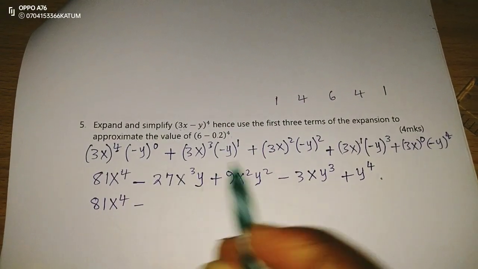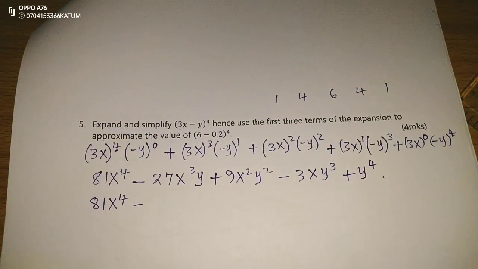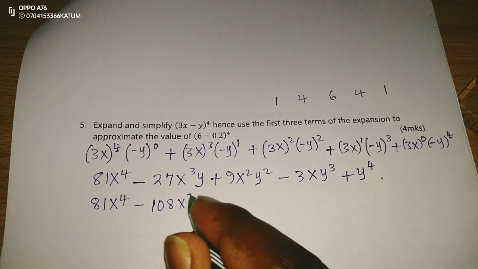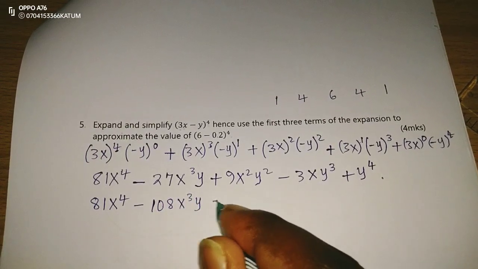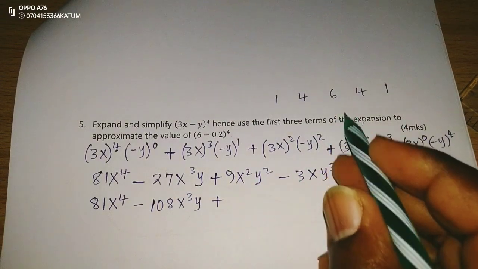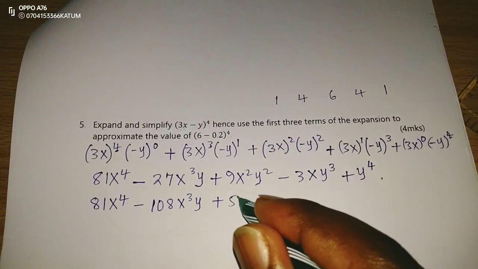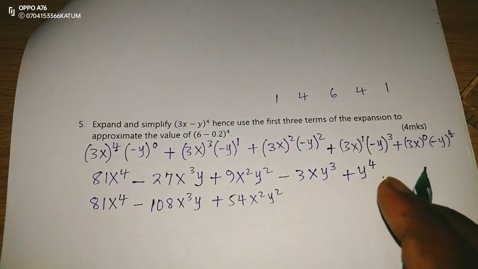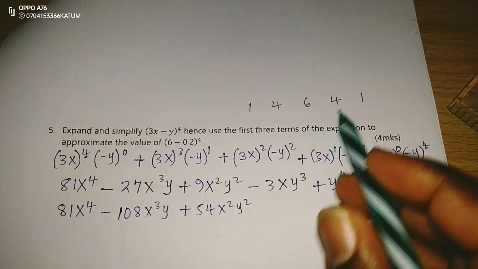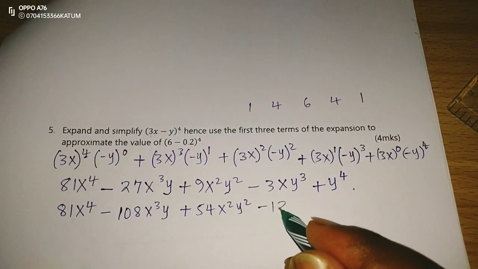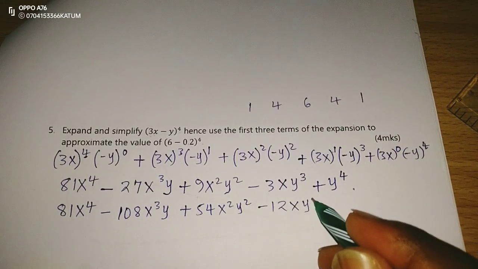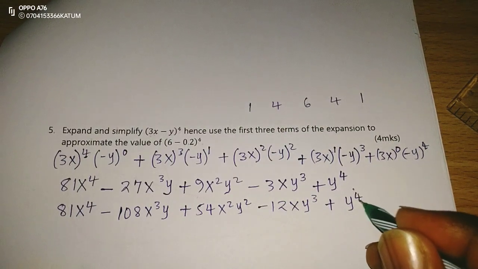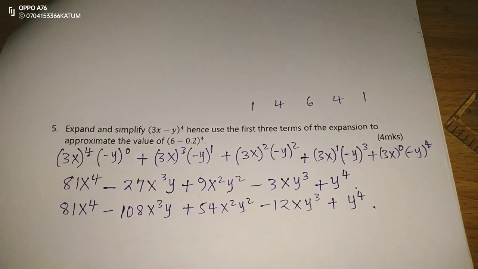Minus 27 will be multiplied by 4, this is 108x^3 y, and plus 9 will be multiplied by 6, that gives us 54x^2 y^2. The next will be negative 3 by 4, negative 12xy^3. Then we add y^4 multiplied by 1. It remains the way it is.